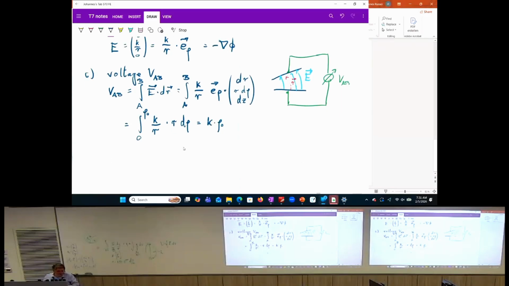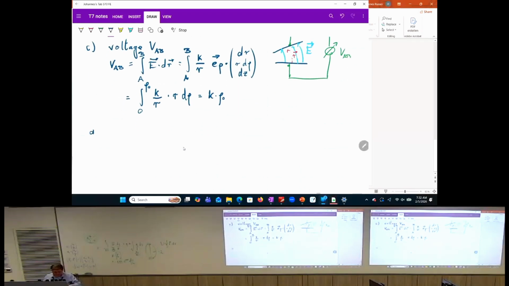Now the next problem is to calculate, for that use Gauss's law, the charge on the lower electrode, that means at the angle phi equal to 0, and for this purpose determine the electric displacement field in the interior of the capacitor. Differentiate the regions of different permittivity. So let's use Gauss's law.